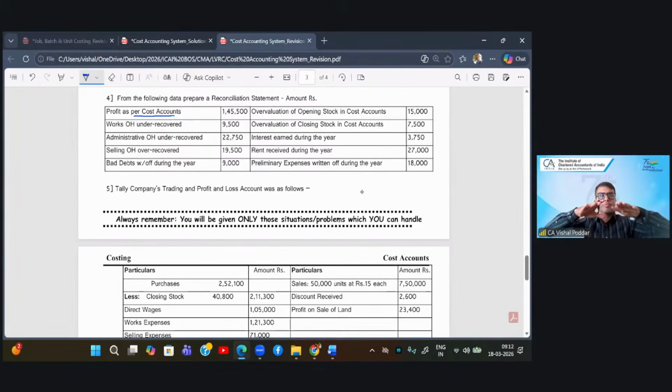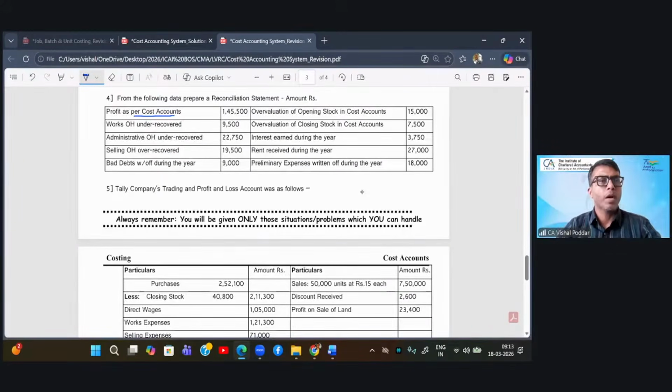I follow this approach. These two hands represent my profits. This is profit as per my cost sheet or cost accounts. This is my profit as per my financial account, that is financial P&L. So first understand cost sheet, or this hand represents costing profit. This hand represents financial profit.